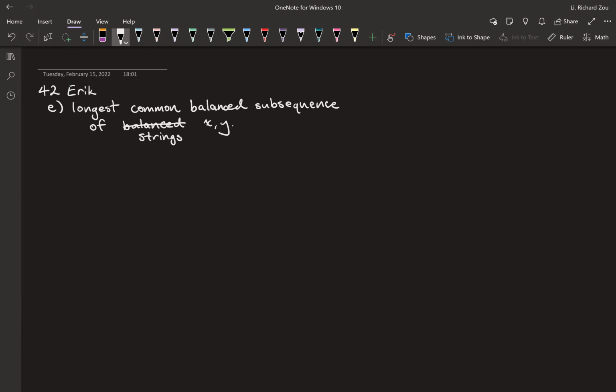So, longest common balanced subsequence of two given strings with parentheses and brackets. Obviously my initial thought is to build off the longest common subsequence algorithm, although I'm not sure that blindly applying it would work because we have to make sure that the common subsequence is balanced as well.